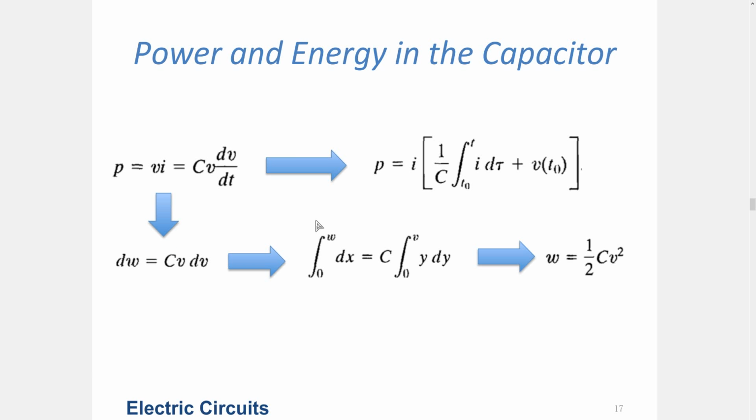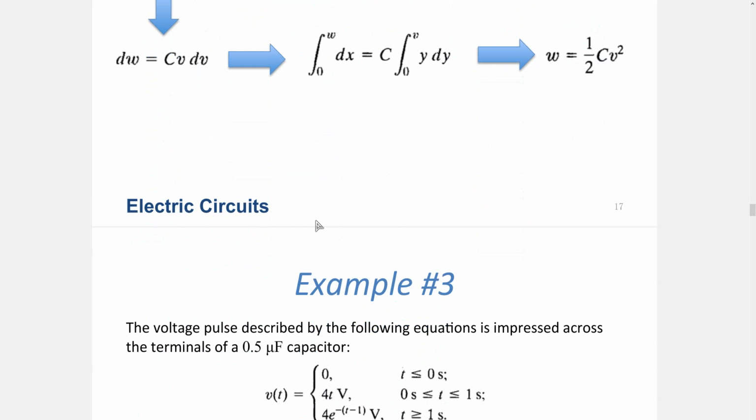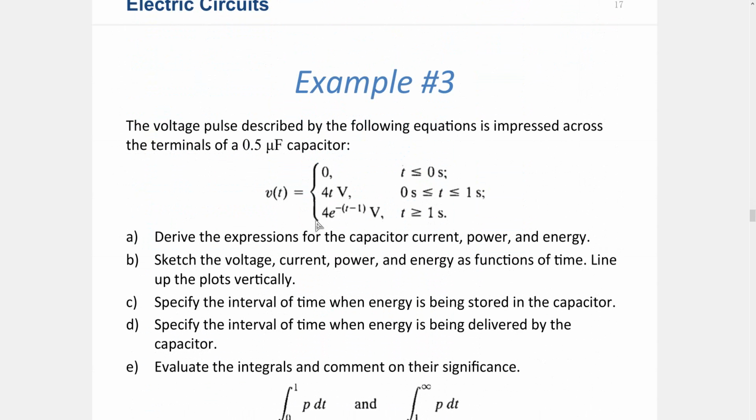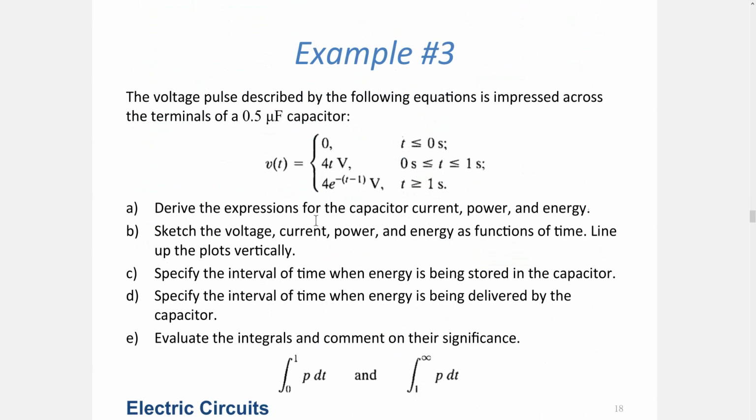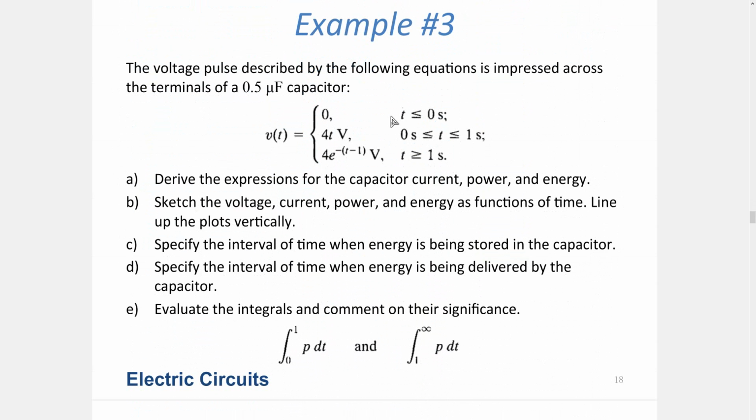Now we can simply solve an example to have a better understanding of the behavior of capacitance. In example 3, the voltage pulse described by the following equation is imposed across the terminals of a 0.5 microfarad capacitor, which makes it a 500 nanofarad capacitor.